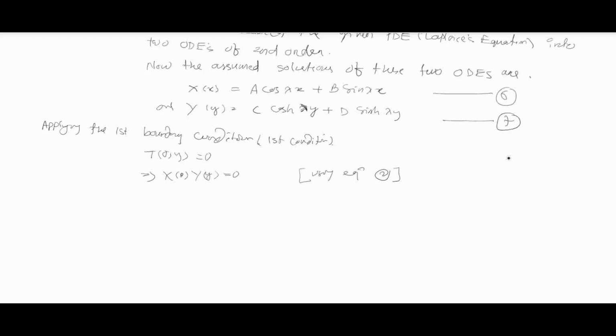Let us recall equation number 2. In equation number 2, we are given that T of x, y is equal to X of x, Y of y. That implies, because Y cannot be 0, X of 0 is equal to 0.